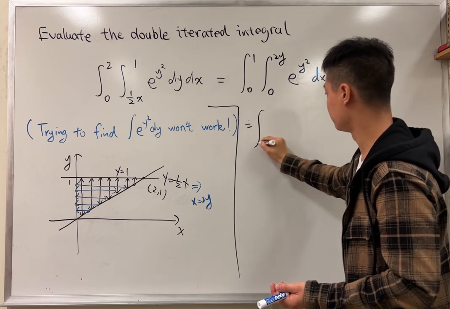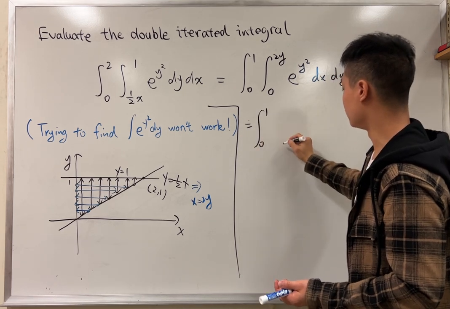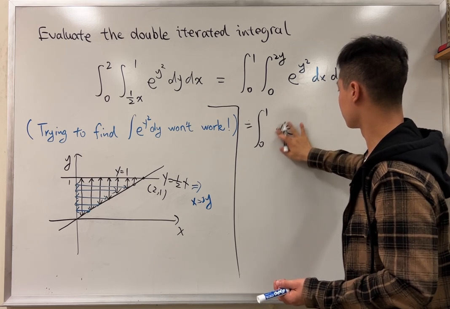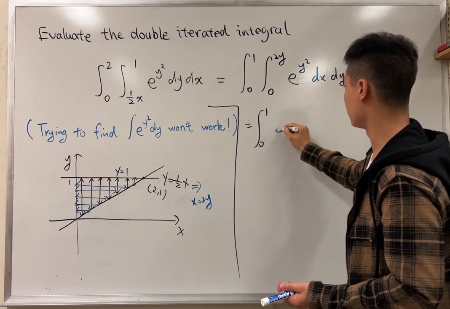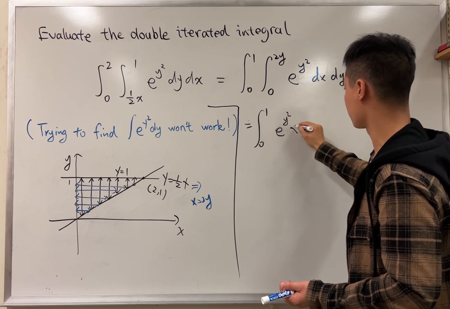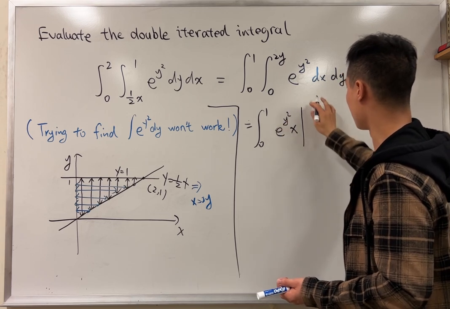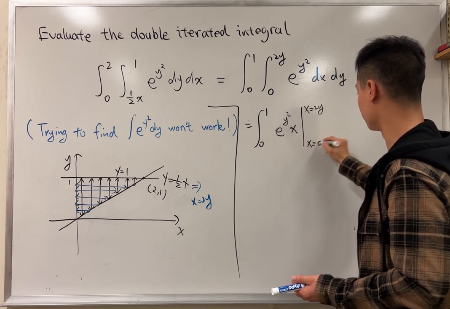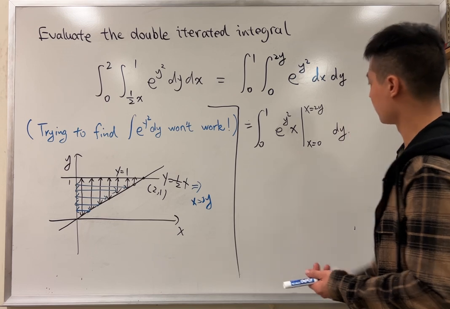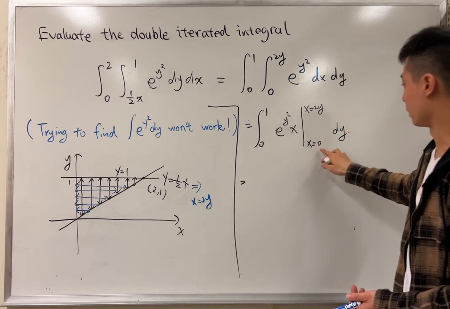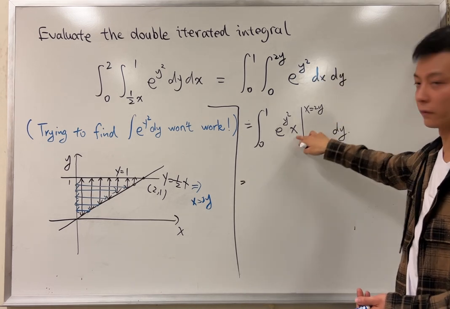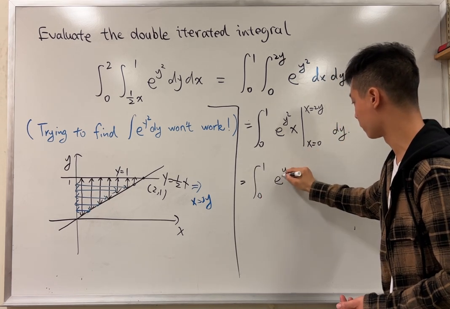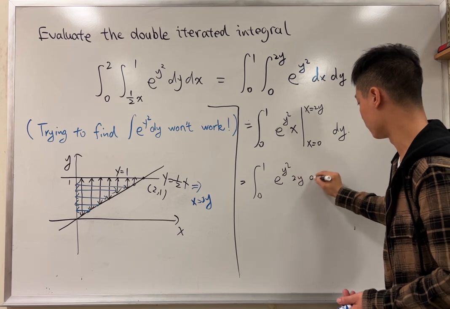Its antiderivative is x times e raised to y squared, with upper bound x equal to 2y and lower bound x equal to 0, dy. Plugging in, we have 0 for the lower bound and 2y for the upper, which takes us to e raised to y squared times 2y dy.